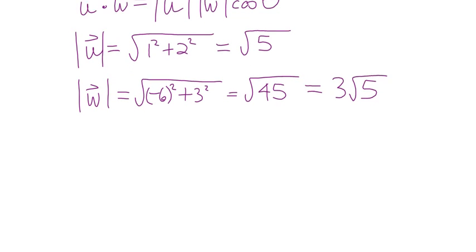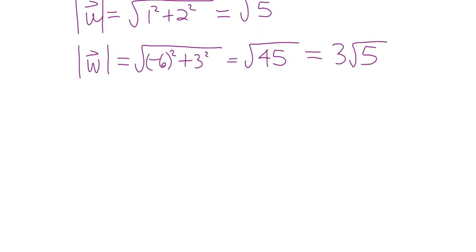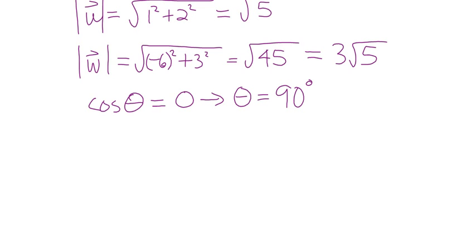Now, the cosine of theta is equal to 0, which means that theta is equal to what? 90 degrees. Cosine of 90 degrees is 0.